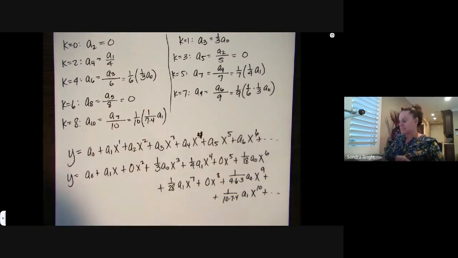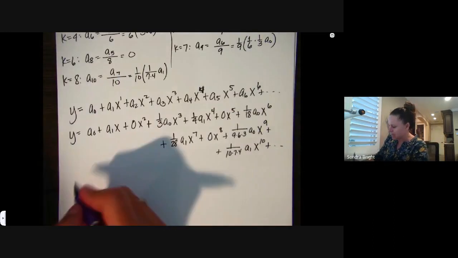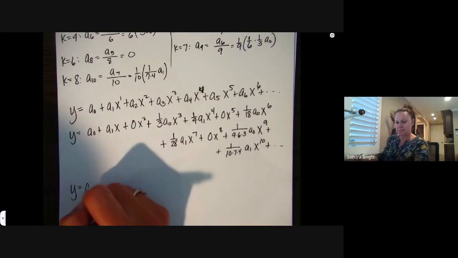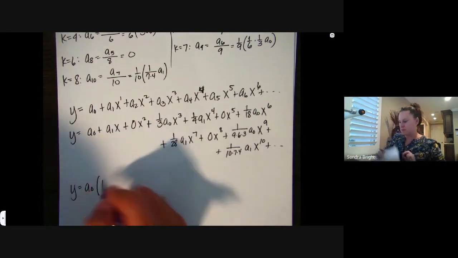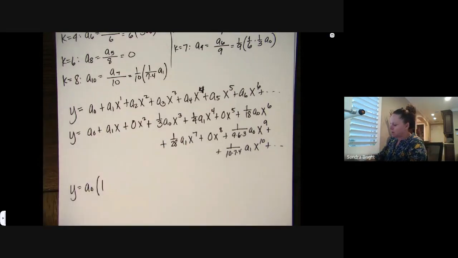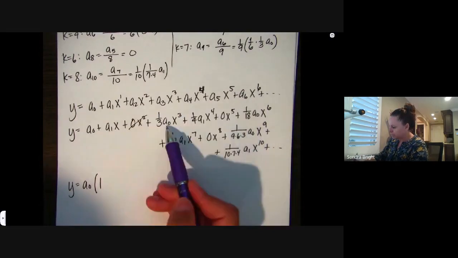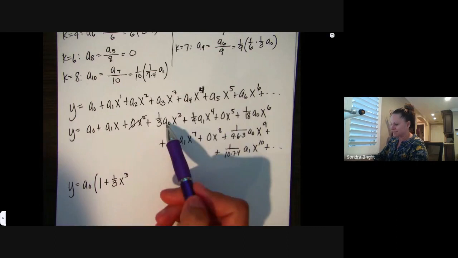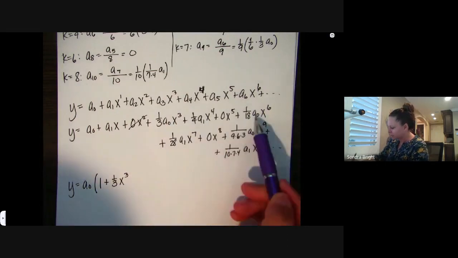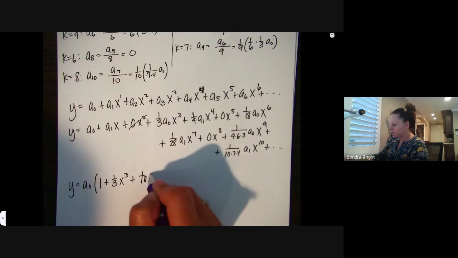And so how you'll write your answer, because notice they're all in terms of a naughts and a1s now. You'll write your answer as a naught times, that's an a1, that's a 0, right? So plus 1/3 x cubed. a1, 0. Here's an a naught plus 1 over 18 x to the 6th. a1, 0.